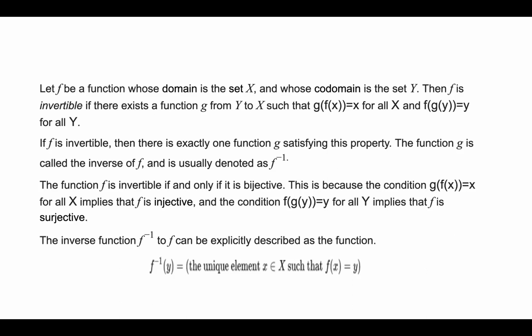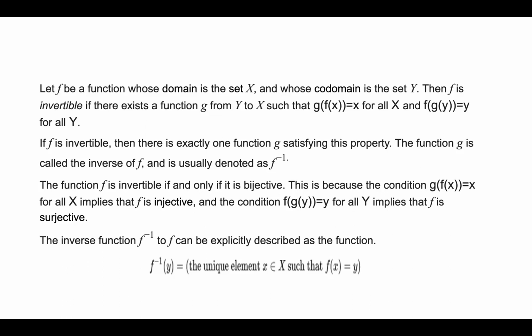Okay, inverting the function, it is giving the original values. If the function f is invertible, then there is exactly one function g satisfying this property. The function g is called the inverse of f and is usually denoted as f inverse.